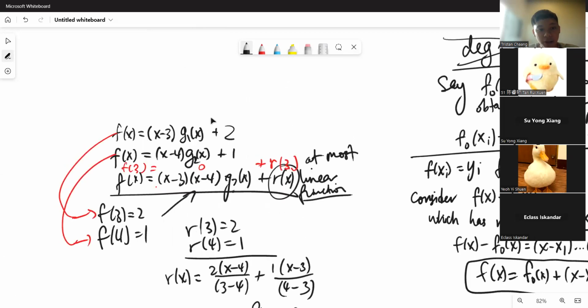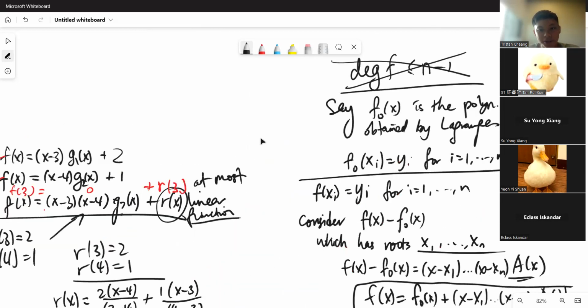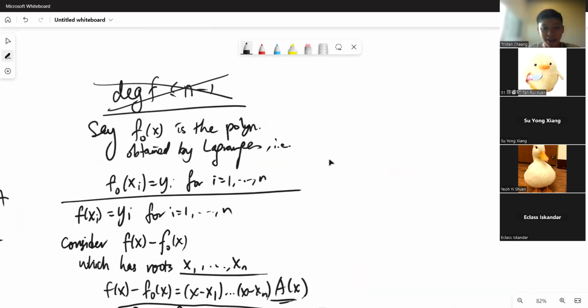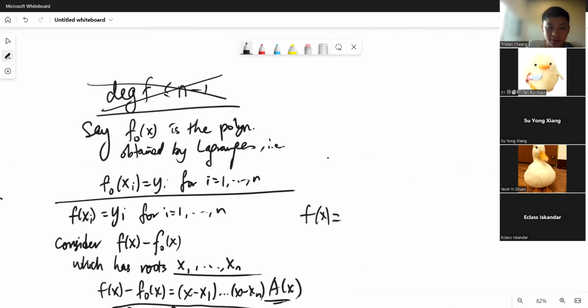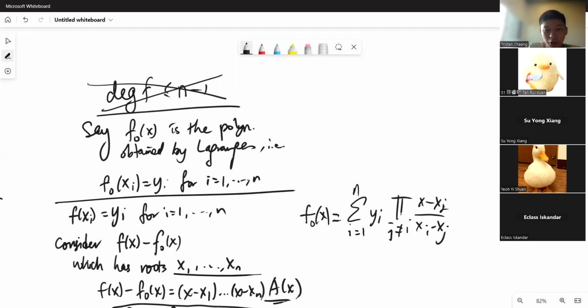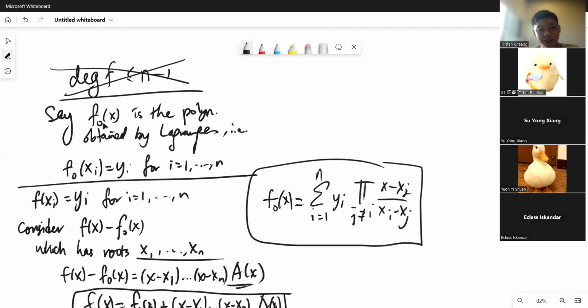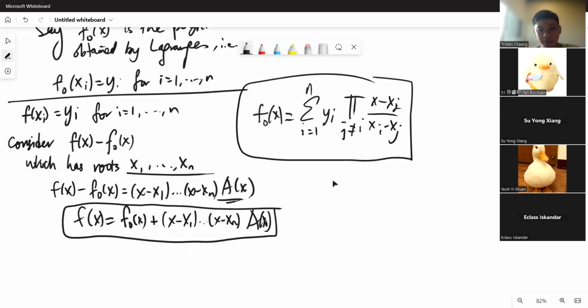Lagrange interpolation promises us a polynomial, f(x) equals the sum from i equals 1 to n of yi times the product over j not equal to i of (x minus xj) over (xi minus xj). So this is the polynomial promised by Lagrange interpolation, and that's what I define as f naught x.